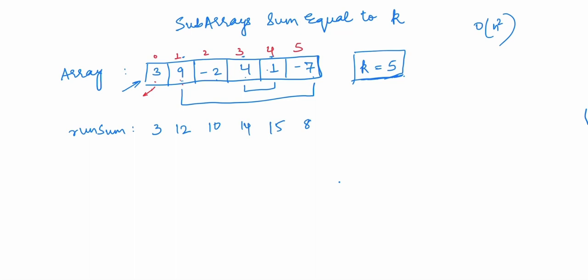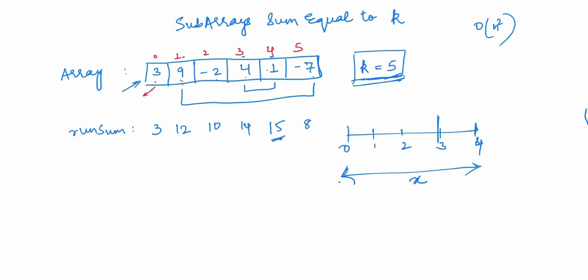We will be storing this running sum in the hash map. Now what we want to do is whenever at any point, let's say at this point, when your running sum is 15, you want to know whether any subarray exists in this given array whose sum equals to k. So let's say this is the index 0, this is the index 4, and let's say this entire sum is x.